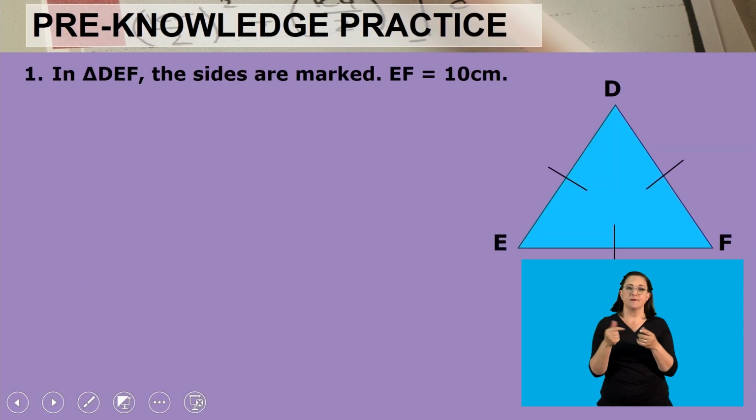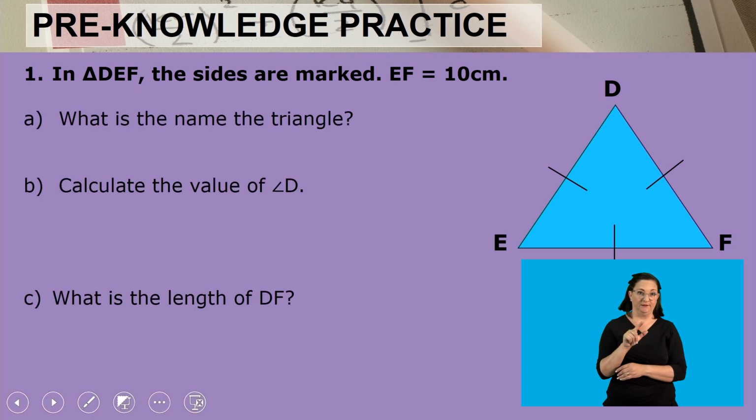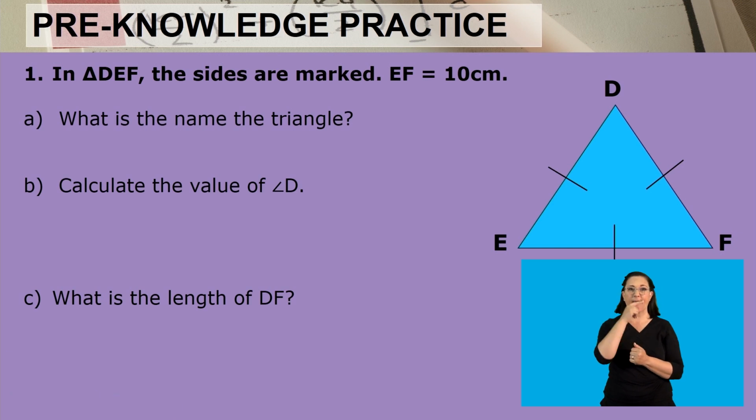Let's look at pre-knowledge practice, question 1. In triangle DEF, the sides are marked as on that diagram. EF equals 10 centimeters. That's what we are informed. What is the name of the triangle?